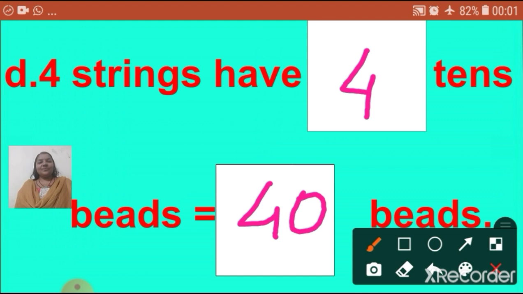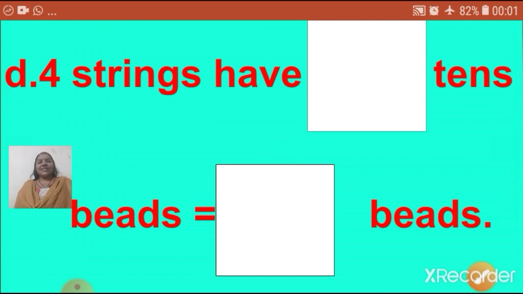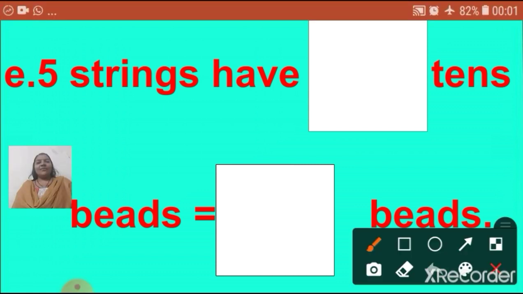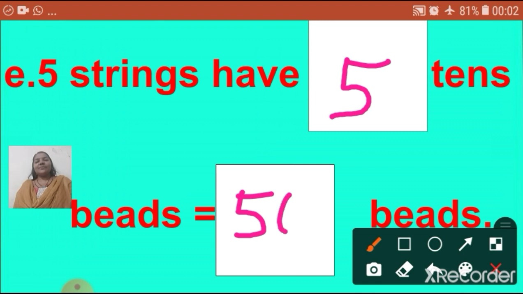Okay children. Now see the next question. 5 strings have dash tens, equal to dash beads. So 5 strings will have 5 tens. Yes, very good. And 5 tens means how many beads? 5 tens means 50 beads. Very good. So here will come 50.